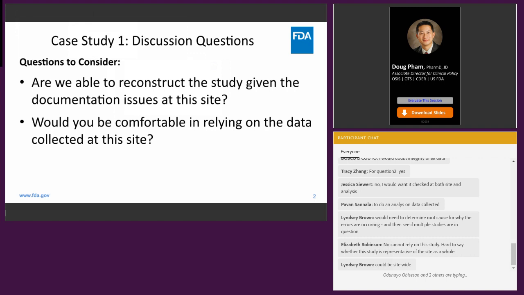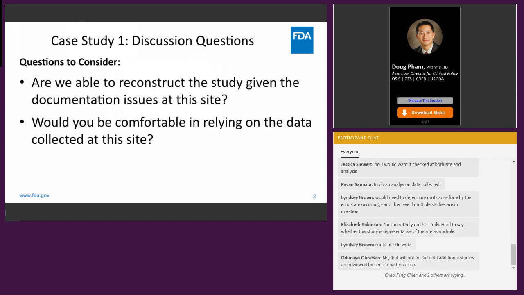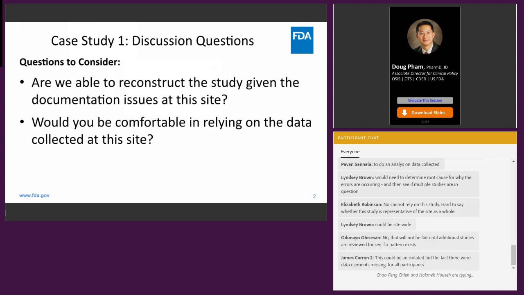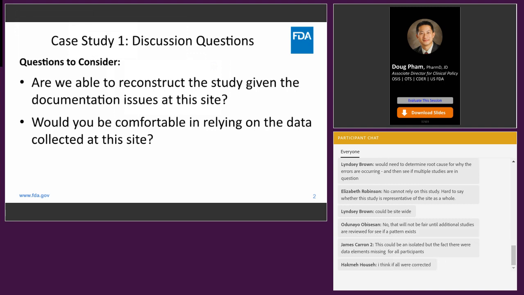And I see your comments, yeah, there's a wide spectrum for sure, and some are saying site-wide. And there is a comment that you could isolate it, because this is the other aspect you have to really contemplate: what are the missing or inconsistent data elements?